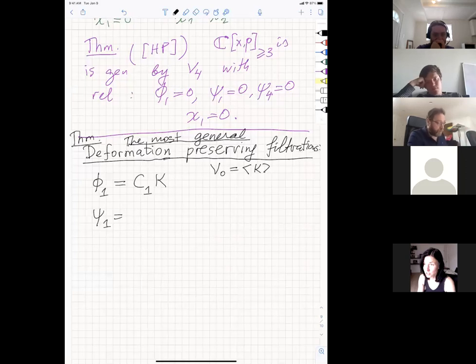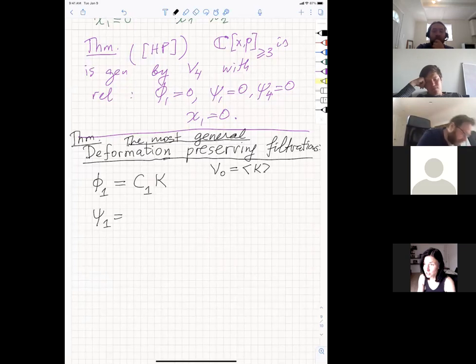They have to be deformed synchronously. The parameter of deformation for the first relation and the second relation has to be the same, or they have to be proportional.